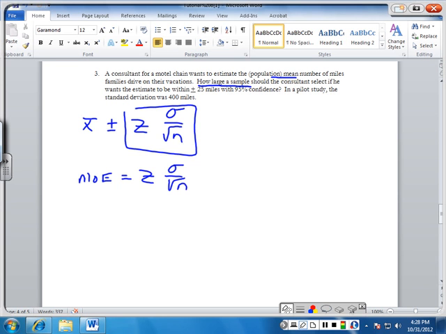So margin of error, we want to be within 25 miles. We want to have 95% confidence. That goes with a z of 1.96. And our standard deviation is 400. So 400 divided by the square root of n.